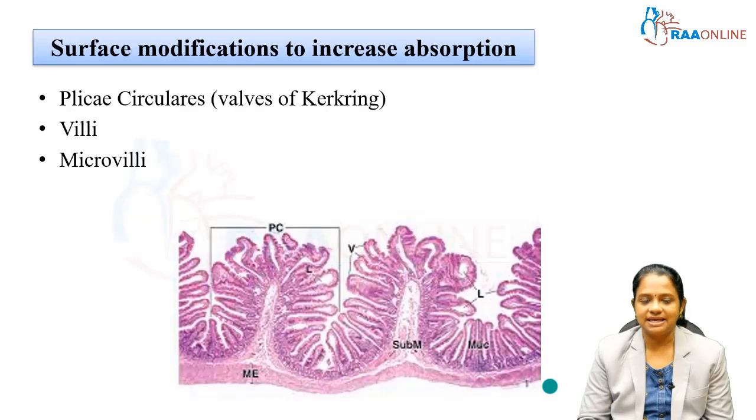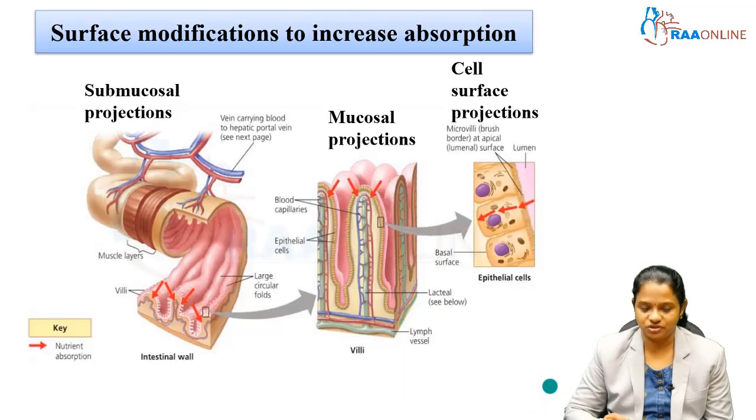These are plica circularis, otherwise called valves of Kerckring, villi and microvilli. The plica circularis are submucosal projections, the villi are mucosal projections, and the microvilli are cell-surface projections.